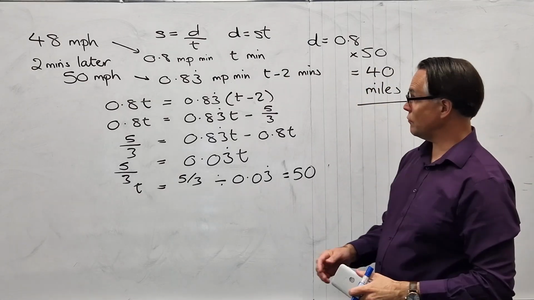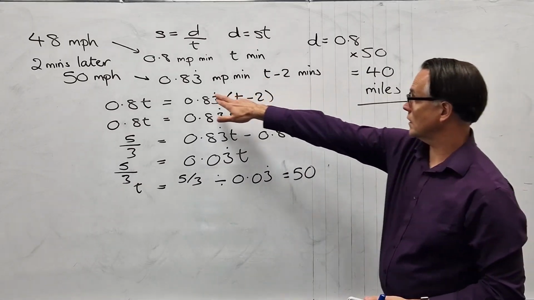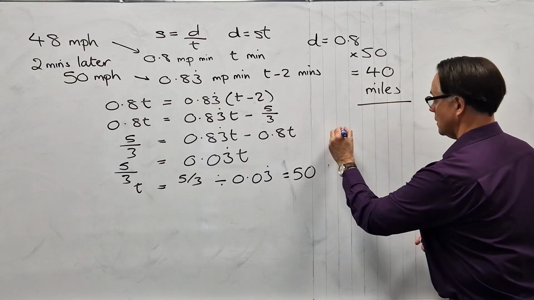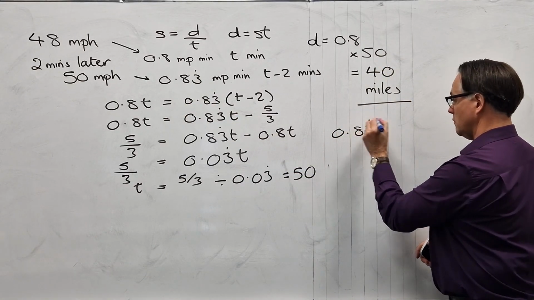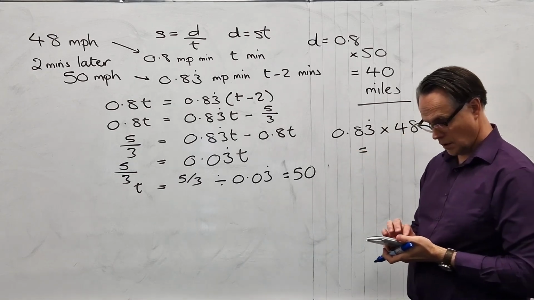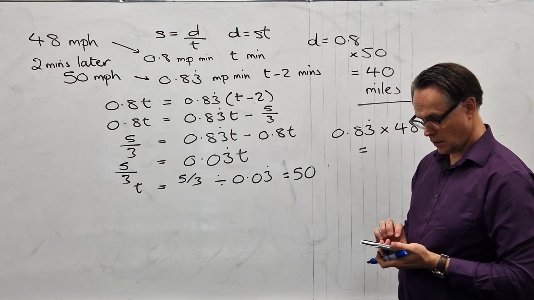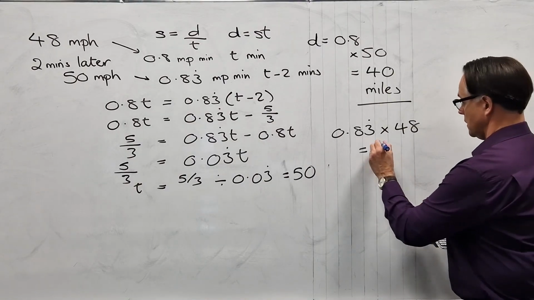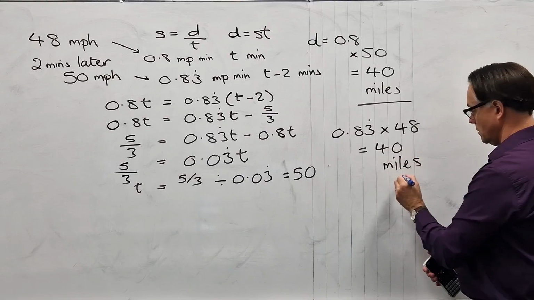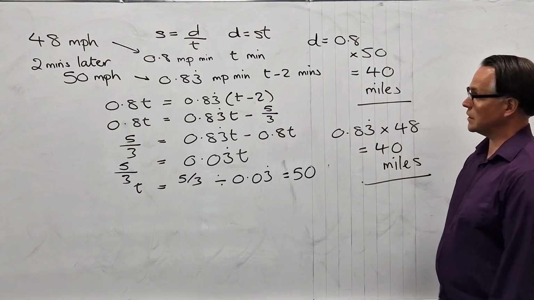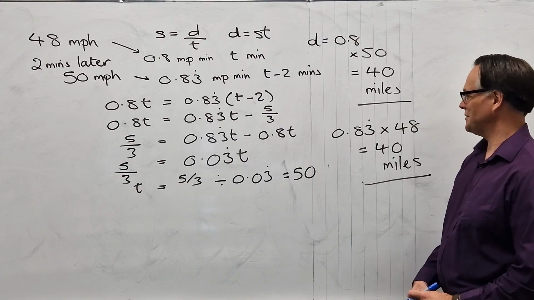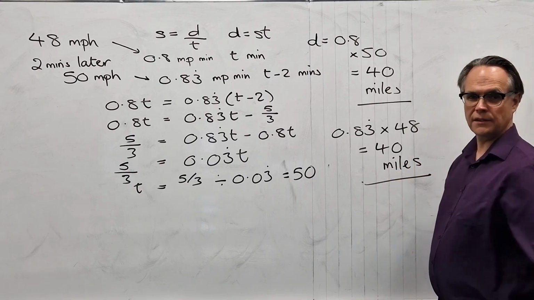Just to check to see if I've got it right, that should be the same as if I'm travelling for 48 minutes, I should be able to do 0.83 recurring times 48. And it's still 40. Because obviously it doesn't matter which one you substitute into. So that's one way of doing it. It might not be Gracie's way of doing it. But the answer is 40 miles.